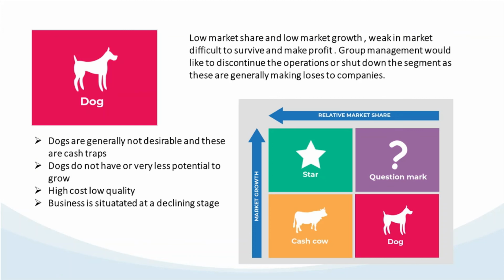Dogs do not have, or have very little, potential to grow. It means that usually the management analyzes, and it shows that the dog doesn't have market growth. At the same time, they are very low in market share, or maybe they have no market share. So the business is of very low quality and in a poor situation.